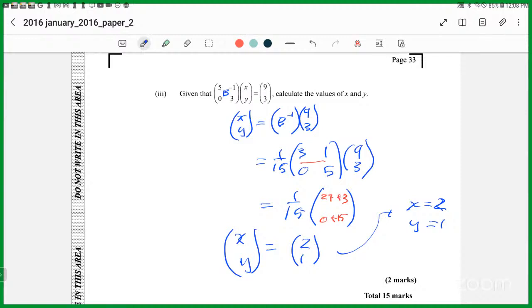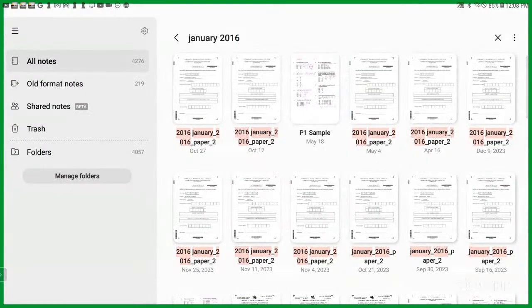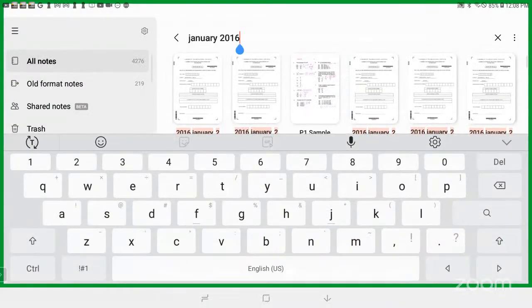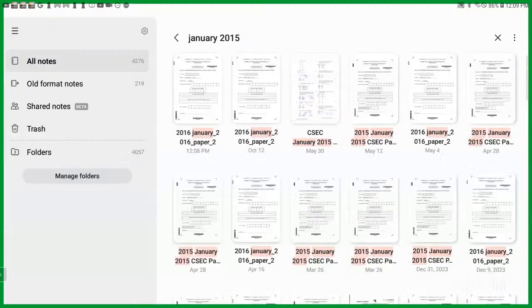We did 2017 already. We've got 2015. January 2015 first.